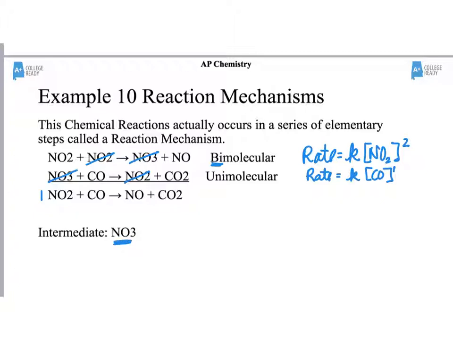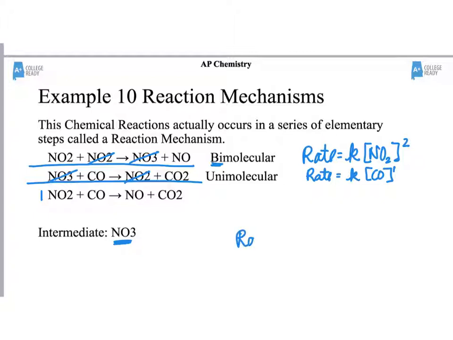So what are the possibilities? We actually have two possible rate laws, and it depends on which one is the slow step. If the first one is the slow step, then only this part of the reaction controls the speed of the reaction, and that would be the rate law. If the second one is the slow step, then it would include the carbon monoxide. So we have two possible rate laws.